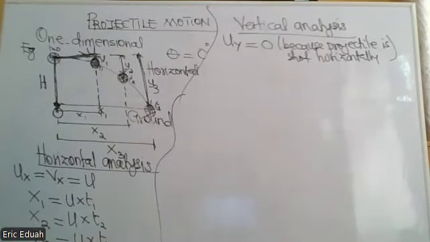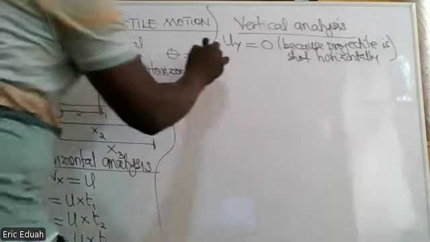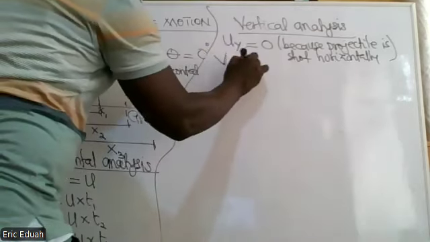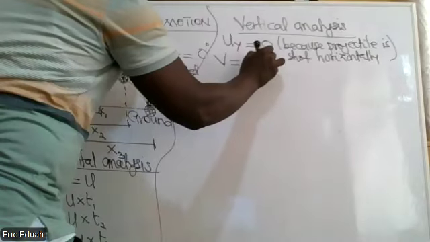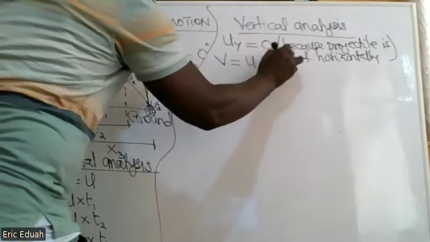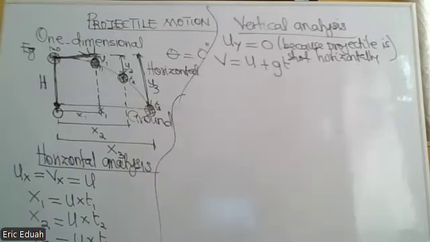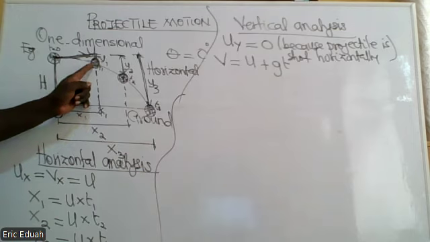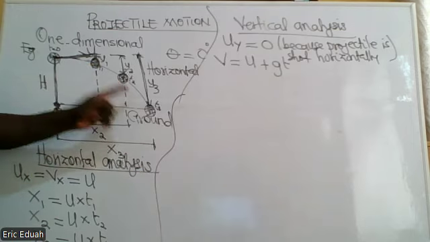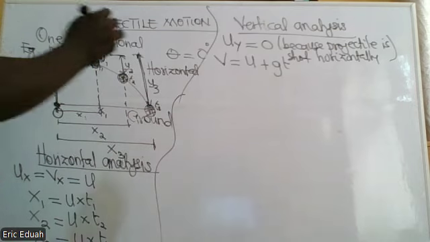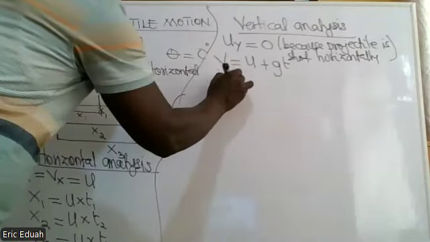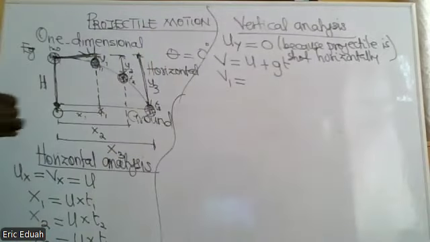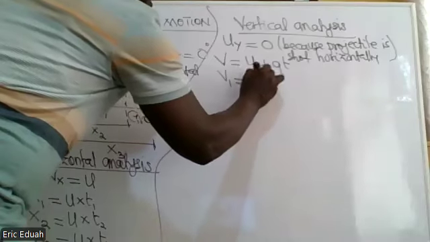So if I want the velocity after any time t, how do I determine that? Using v is equal to u plus gt, I can determine the velocity at position 1, 2, and just before it drops to the ground. Meaning V1 would be equal to g times t1, since u is 0.